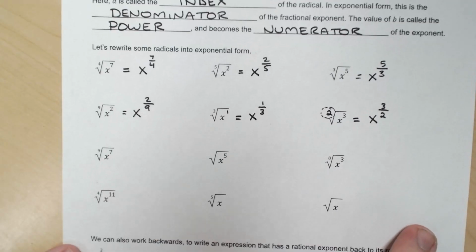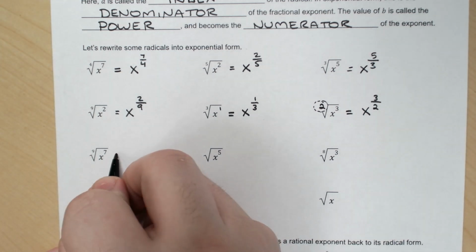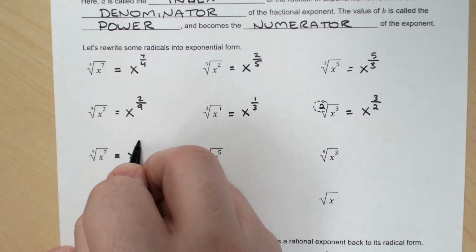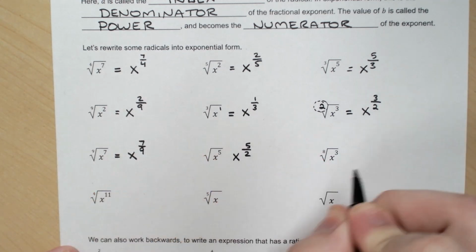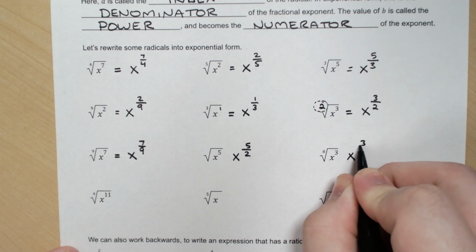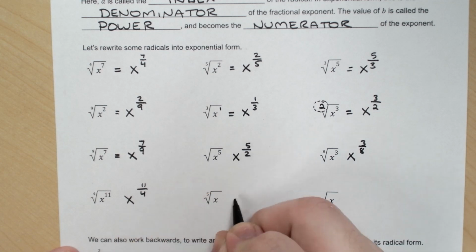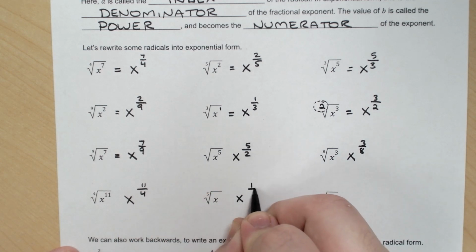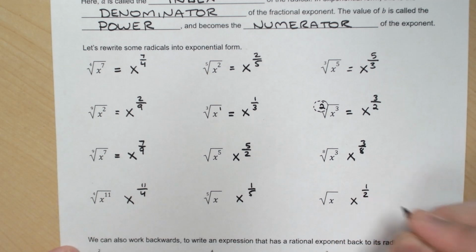Okay, I want you to take a couple of minutes and try the next 6. Okay, so we've got x to the 7 over 9, x to the 5 over 2, x to the 3 over 8, x to the 11 over 4, x to the 1 over 5, and x to the 1/2 power.